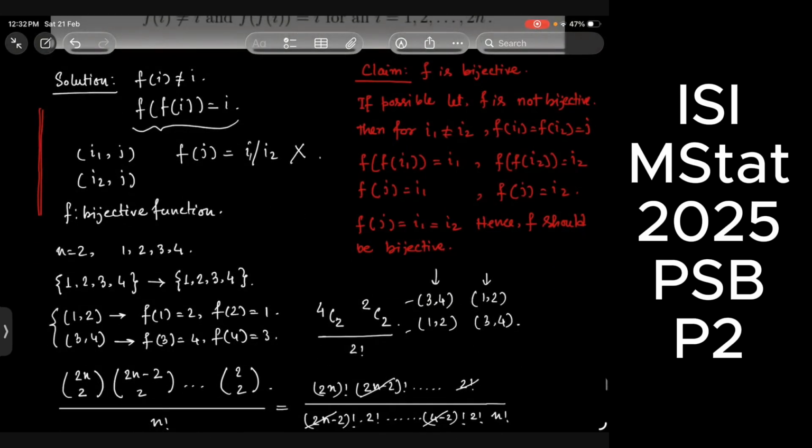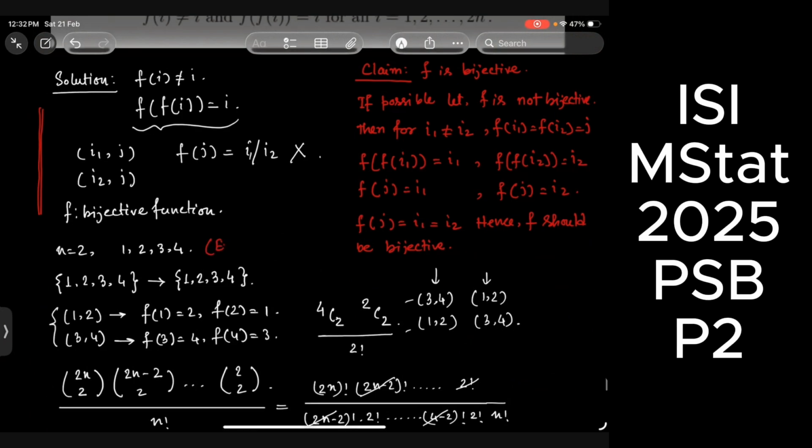Okay, so what have we done here? We have taken n equal to 2. That's a small example, right? Then we tried to find all possible functions from 1 to 4 to 1 to 4. Here we have to break down into two groups, right?